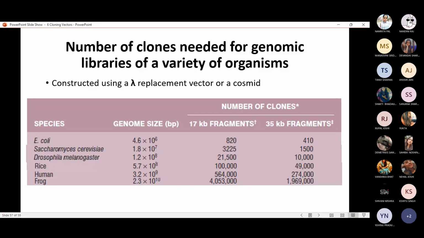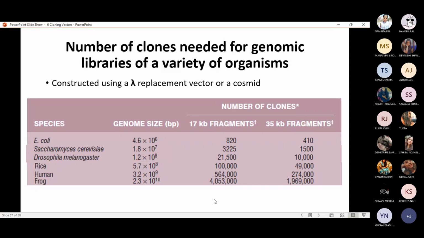Okay, so these are a few numbers that I'm referring to, which you require to represent your whole genome. So as you can see, the larger the fragments you can carry, you may ask yourself why we are bothering so much about clones. A smaller number is easy to handle, but we don't want to go with the whole genome as one individual cell.